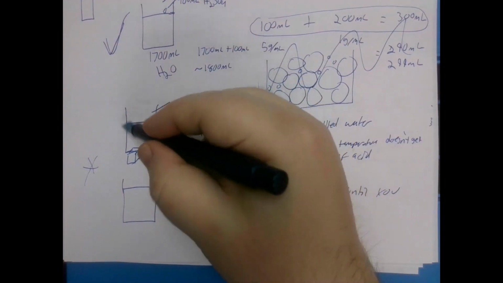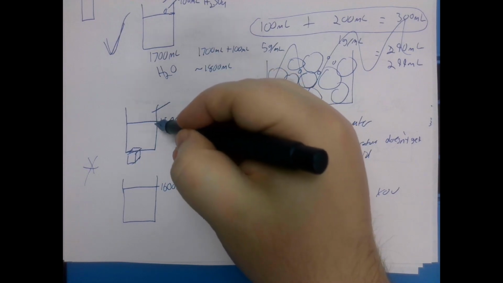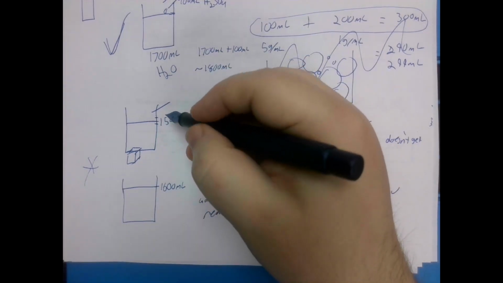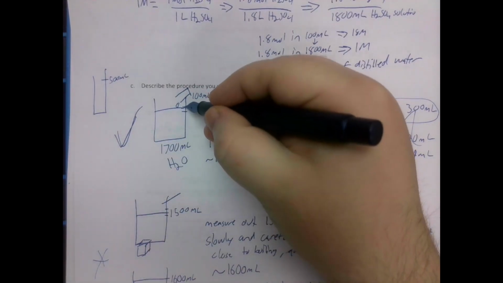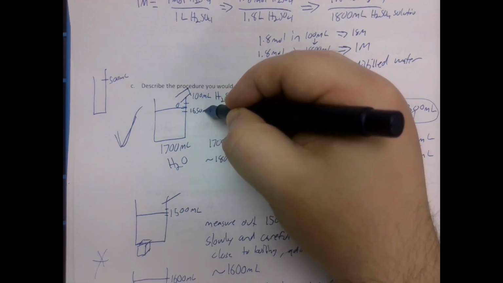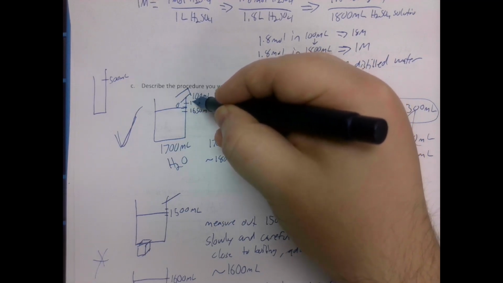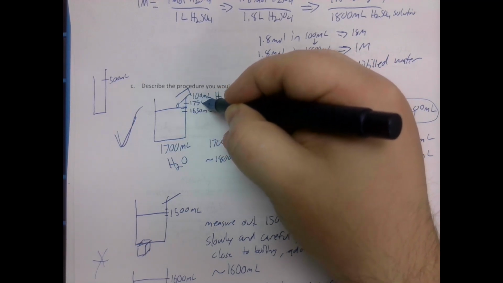If you use a big beaker that can hold 1.5 liters of liquid, chances are you're not going to be able to read this precisely enough. So if you put this in a large beaker, you're probably going to be off anyway. You probably will get somewhere between 1650 milliliters to 1750 milliliters.